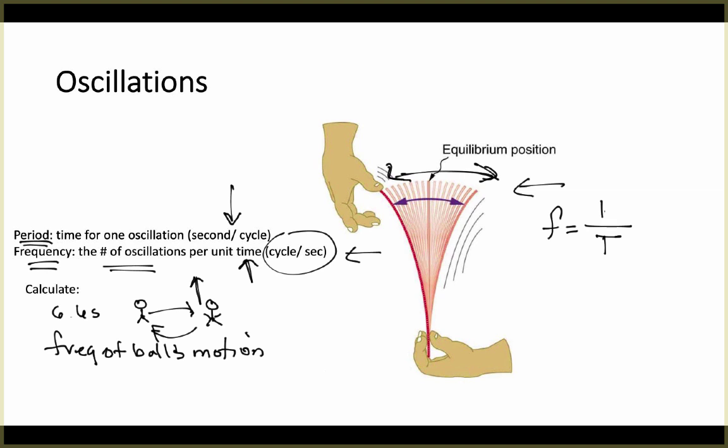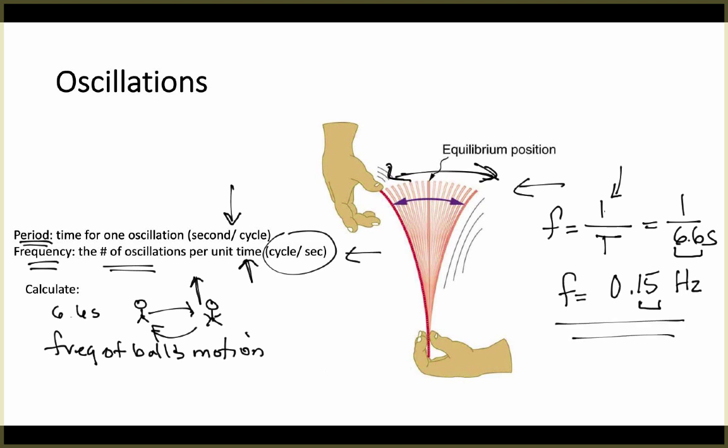We know how many cycles we have, and we know how much time we have, which is 6.6 seconds. Then we can take 1 divided by 6.6, and we get 0.15 hertz. Again, if you remember, we have two sig figs here, which is why we have two sig figs in the answer. So this is how you can calculate frequency.